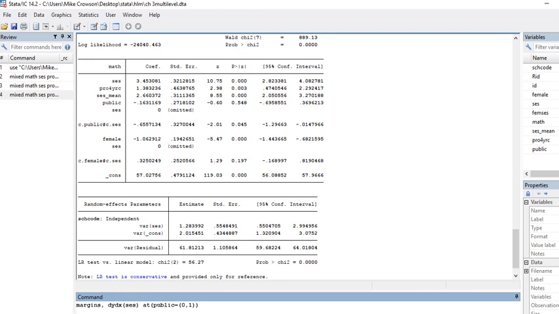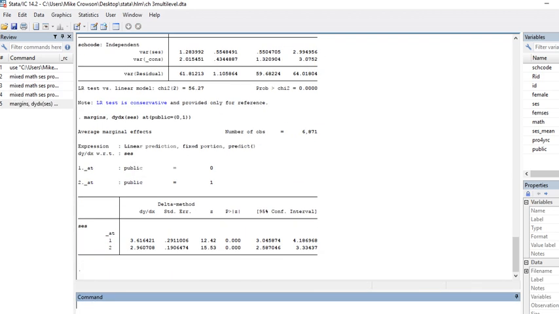So I've got at, and then inside this parenthesis public equals, and then inside yet another parenthesis 0 comma 1, designating the levels of the public variable. Then you'll notice an end parenthesis, which essentially wraps up this portion of the statement. When I hit enter, you'll notice that I've got the dydx.